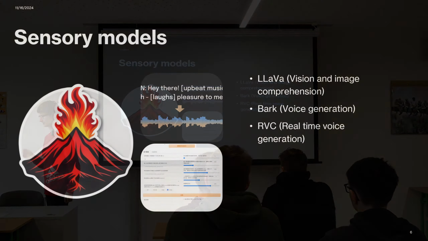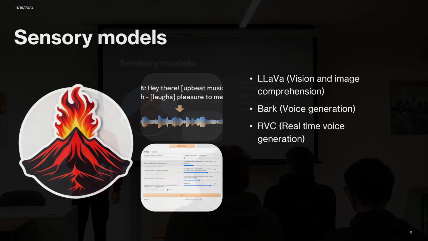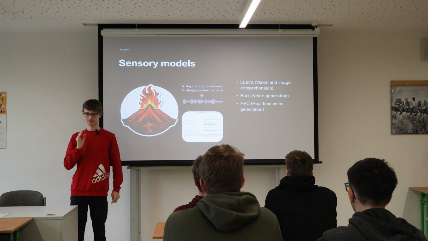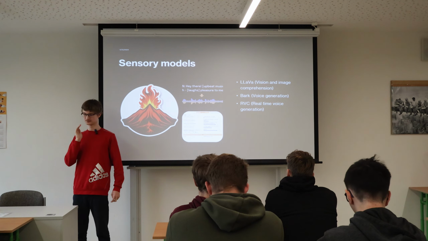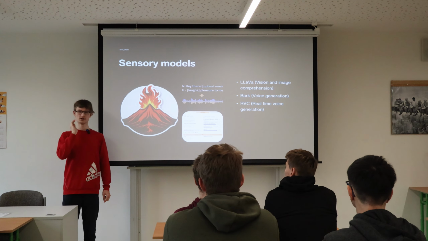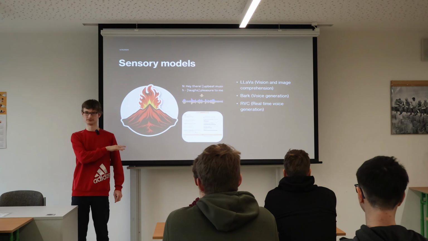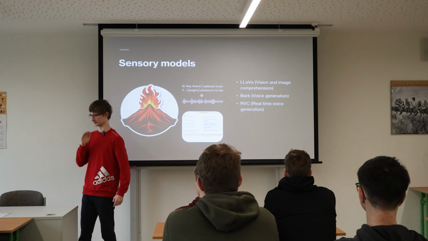Then we have Bark. That's a voice generation model which allows the text models to speak. It synthesizes a voice. You can even train a voice based on your own data. And it allows the model to speak out everything it's writing.